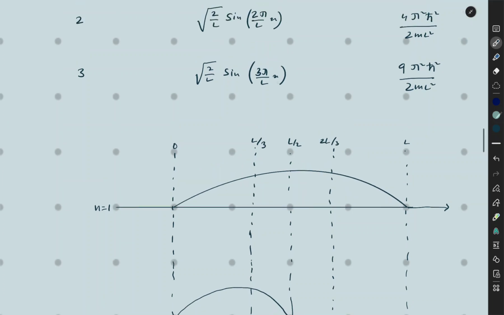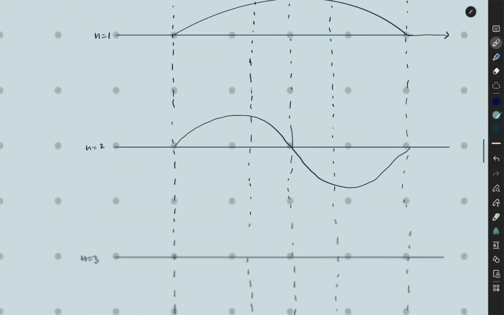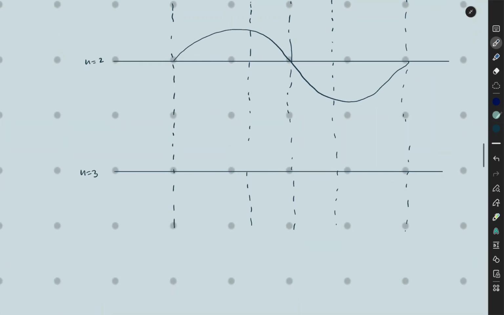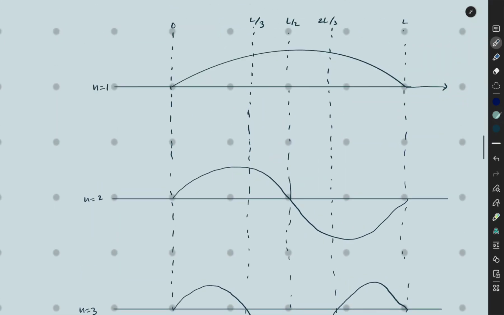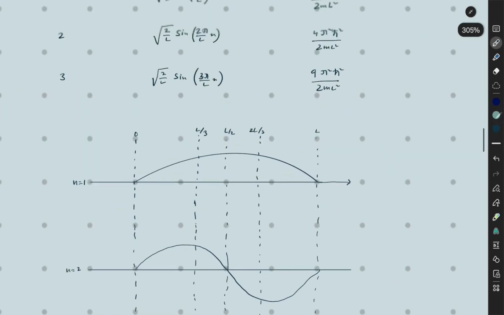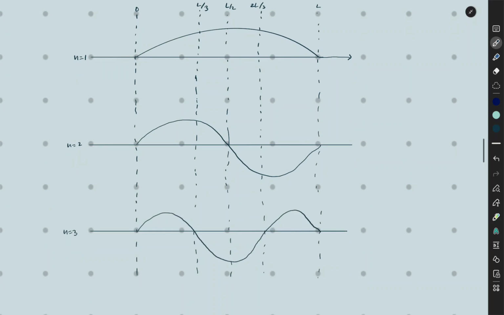At L by 3 it becomes sin pi, so it is 0, and at 2L by 3 it becomes sin 2 pi, so it is also 0. So we will get a graph somewhat like this. Here we'll get a maxima, and here a maxima, and here a maxima, like this. So these are the graphs corresponding to the eigenfunction, and we have considered n equal to 1, 2 and 3.